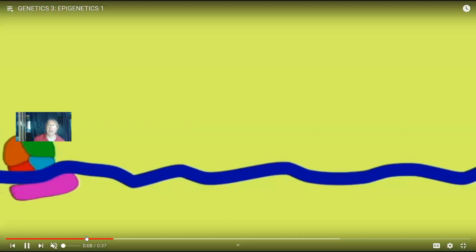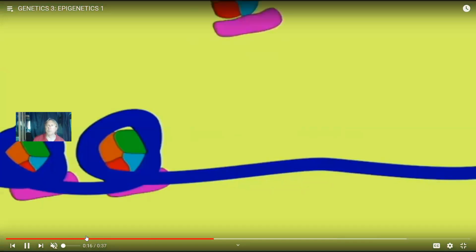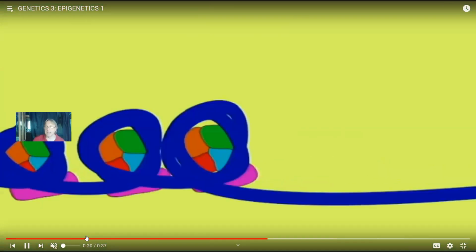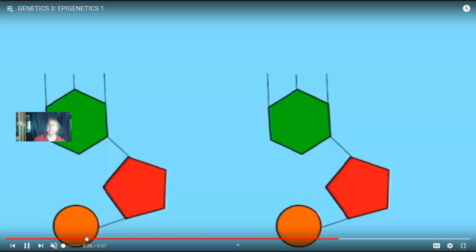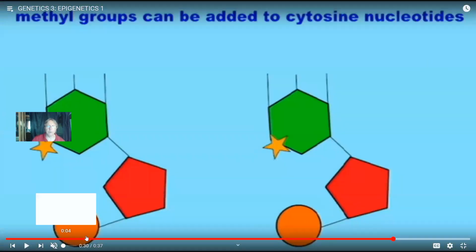And so this is something which isn't inherited in the same sense. How DNA is packaged, how densely it is packed, can affect the expression of genes, and thus our appearance and our traits, etc.